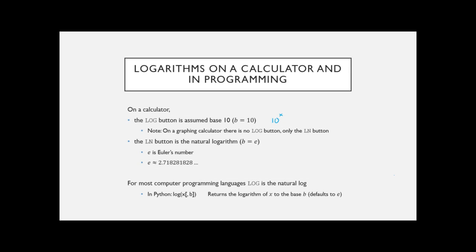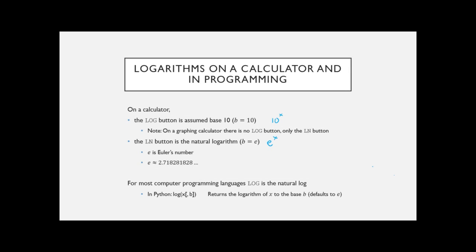Now, if you have a graphing calculator, there isn't a button for log. There's only a button that says ln, which stands for natural log. I believe it actually comes from the French phrase for natural log, which puts it in the opposite order, logarithm natural or something like that. So I think that's why it's ln. That would be equivalent to finding the exponent on something that has a base of e.